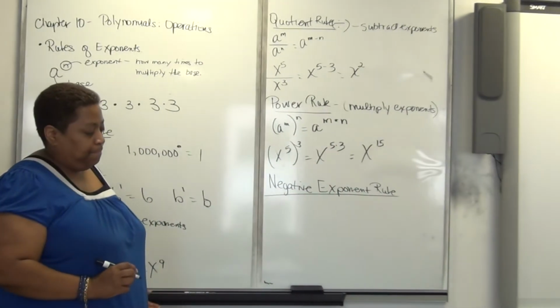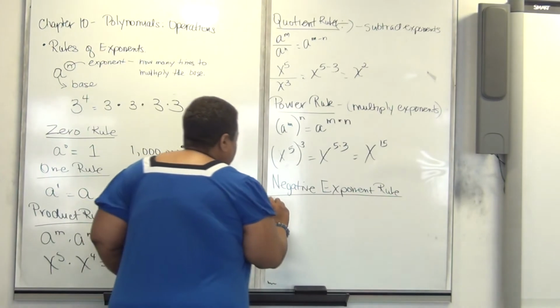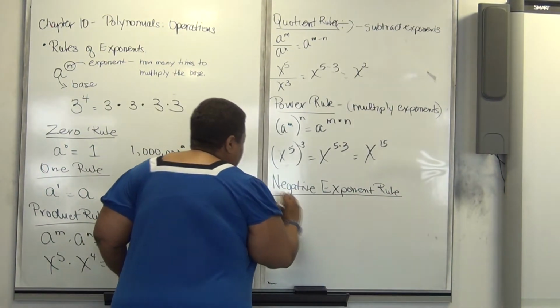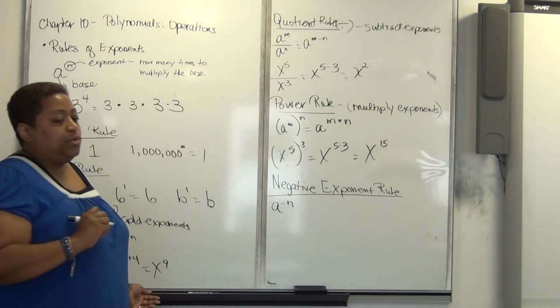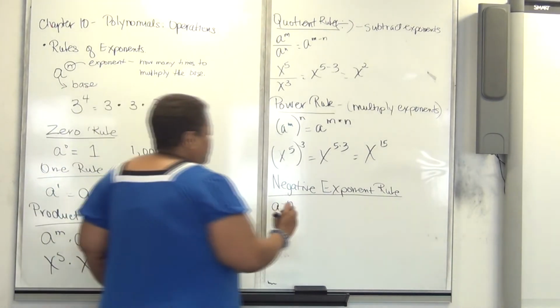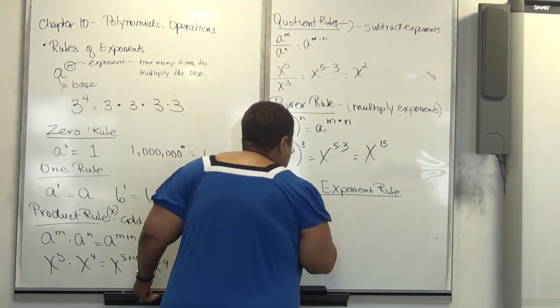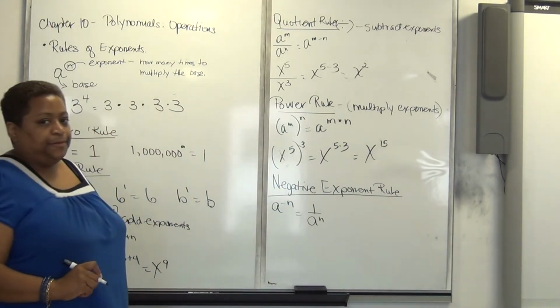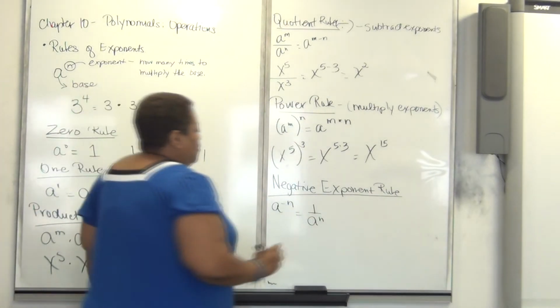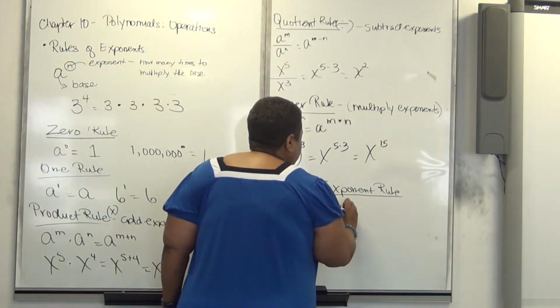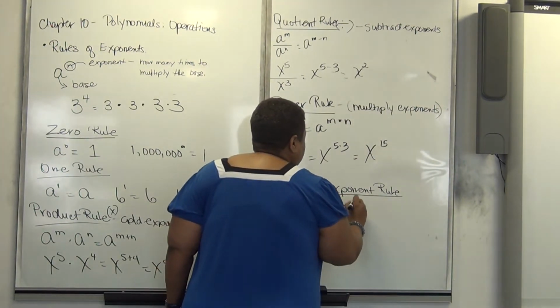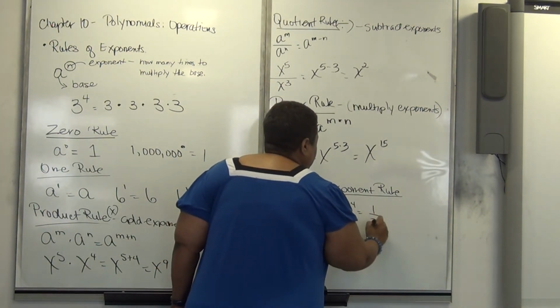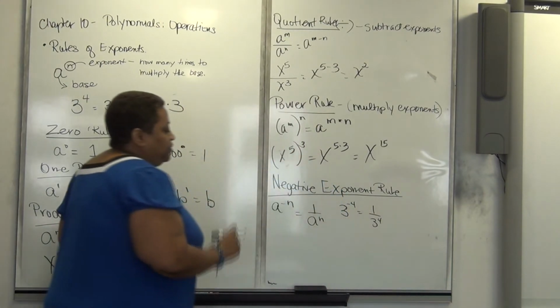And that rule simply says any term raised to a negative power is just the reciprocal of that term to the positive power. Okay? So if I have 3 to the negative 4, that's just 1 over 3 to the positive 4.